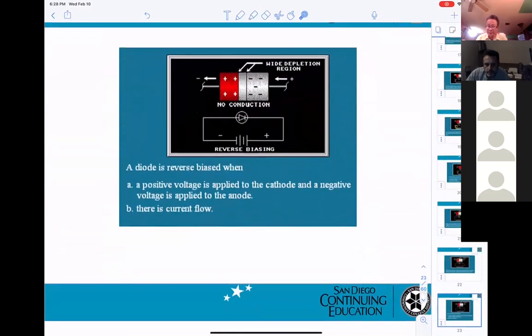Diode is reverse biased when A or B. A is more accurate, there's no current flowing. They are reverse biased when a positive voltage is applied to the cathode and a negative to the anode. The answer will be A. That means VD cannot be greater than 0.7.